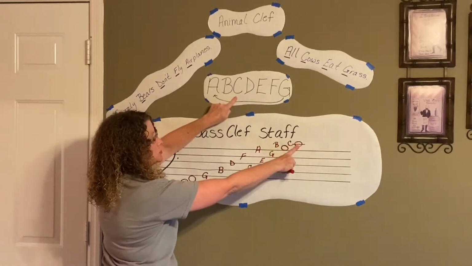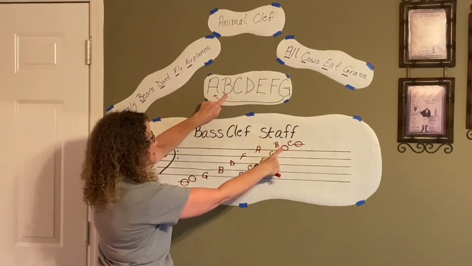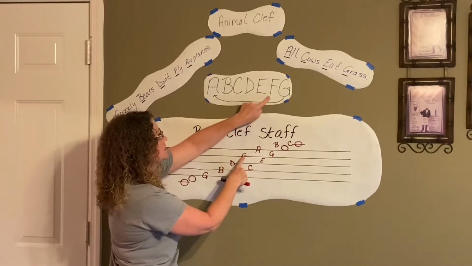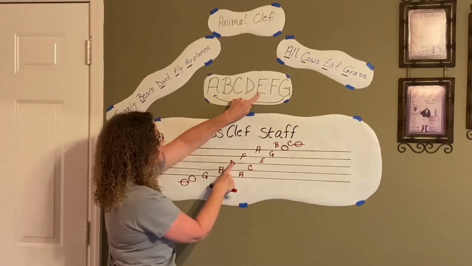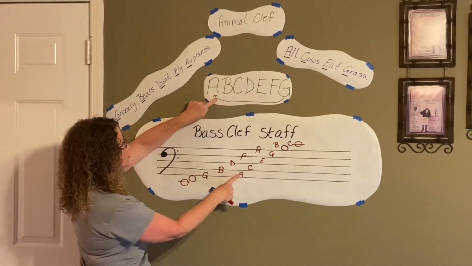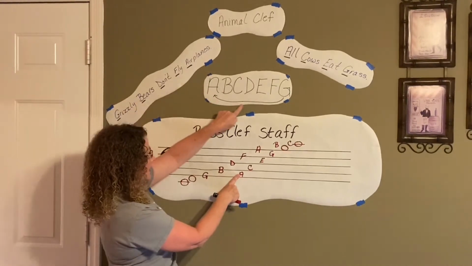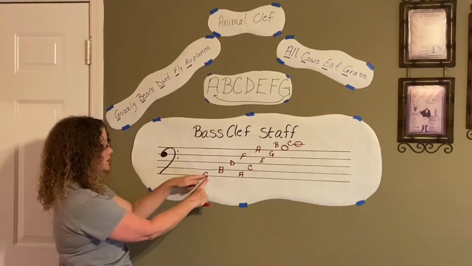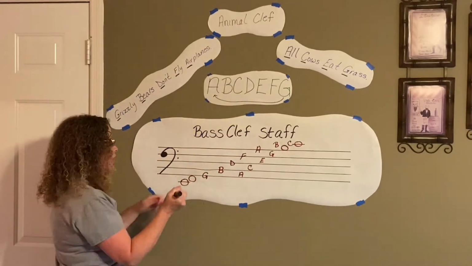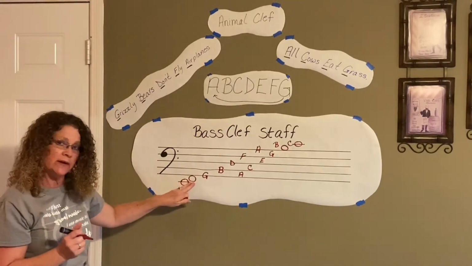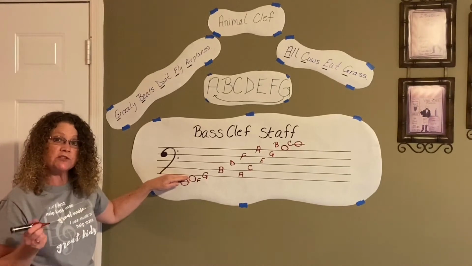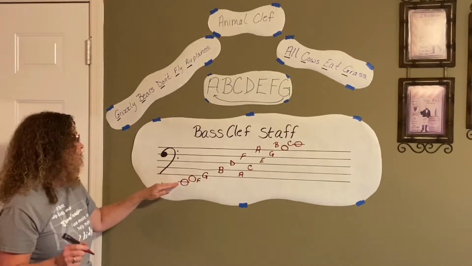So starting on the line 2 above the staff, C, space 1 B, line 5 A, space 4 G, we just keep going backwards, line 4 F, space 3 E, line 3 D, space 2 C, line 2 B, space 1 A, and then we go backwards still, line 1 G, and then we want to go down one more step to a space, backwards one step, and that is F. The space note below line 1 in the bass clef is F. Again, if I'm standing in a space and I want to go down one step, I must go to a line.